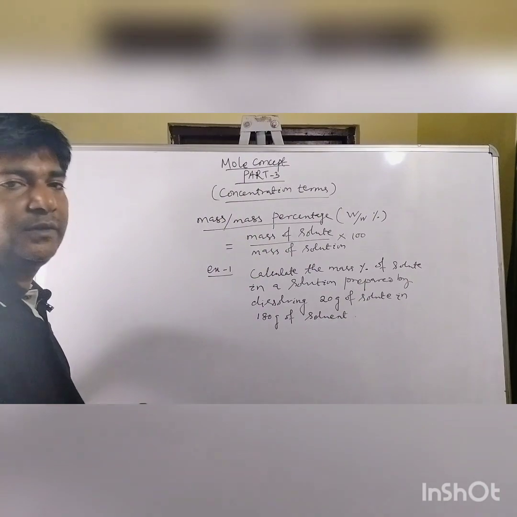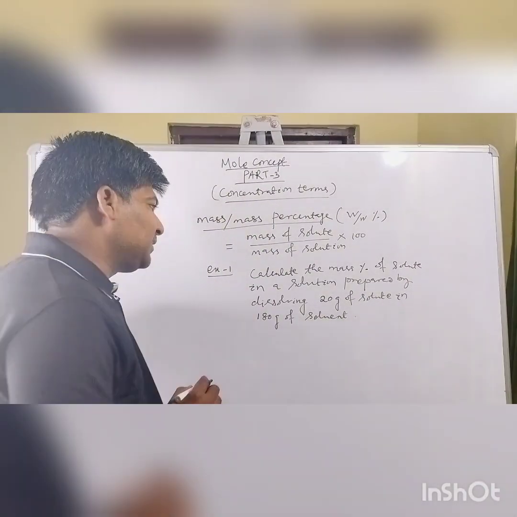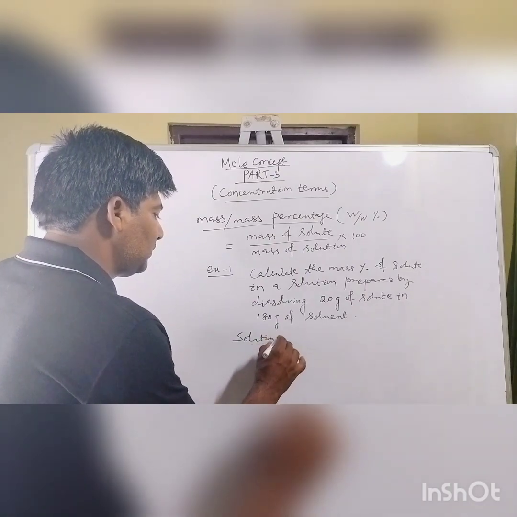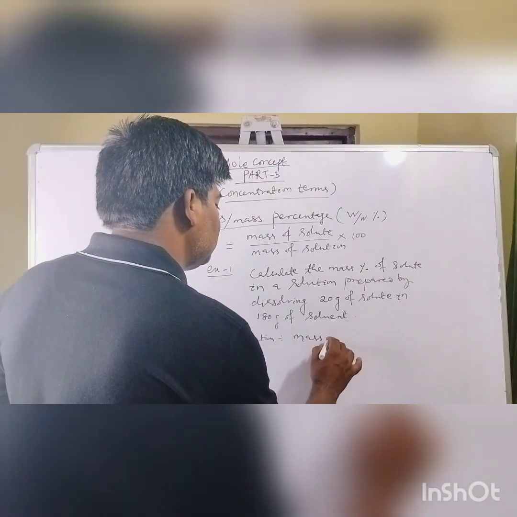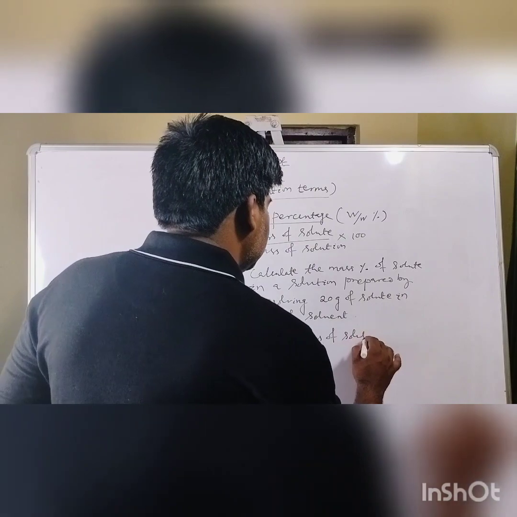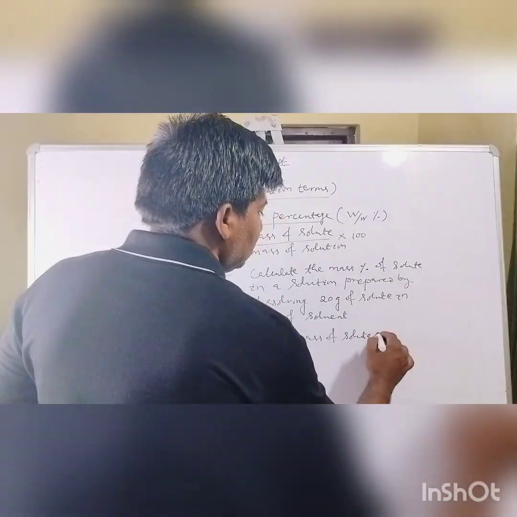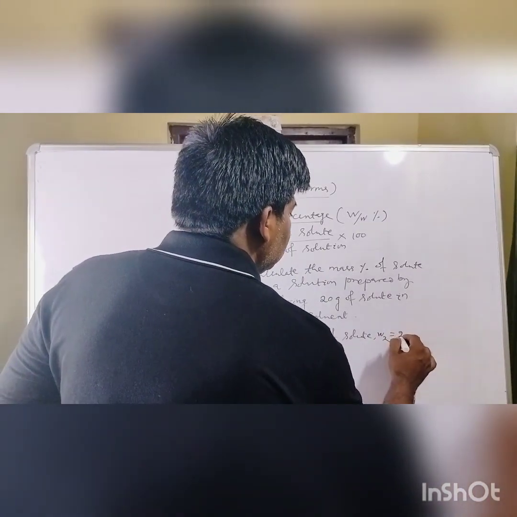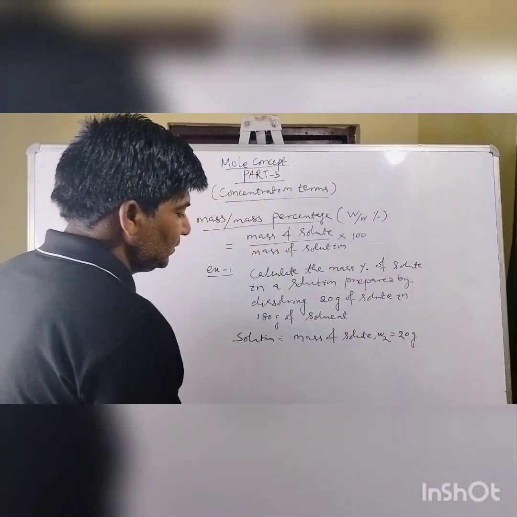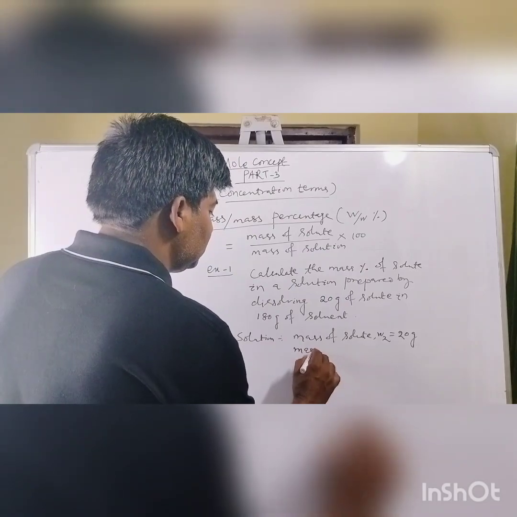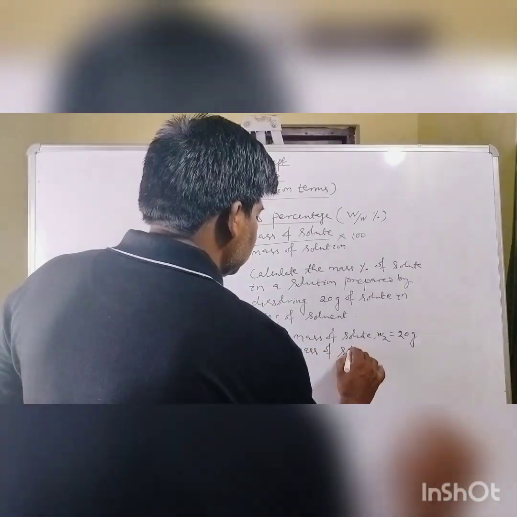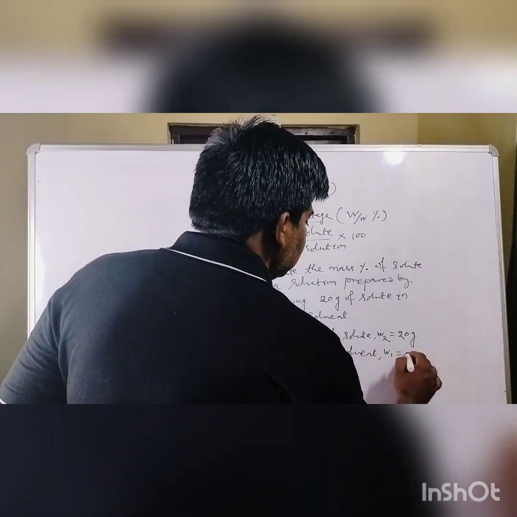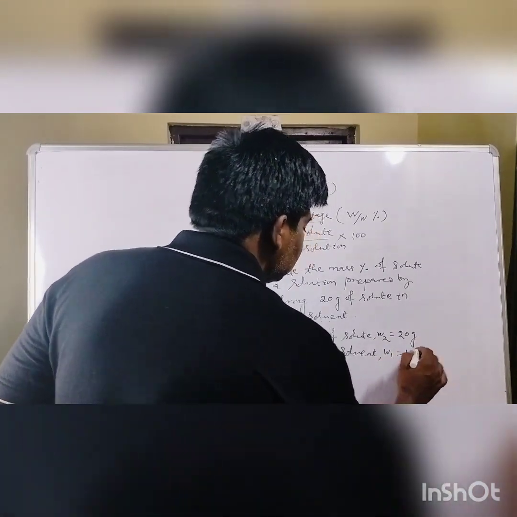Okay. So here mass of solute is denoted by W2, is equal to 20 grams. Mass of solvent W1 is 180 grams.